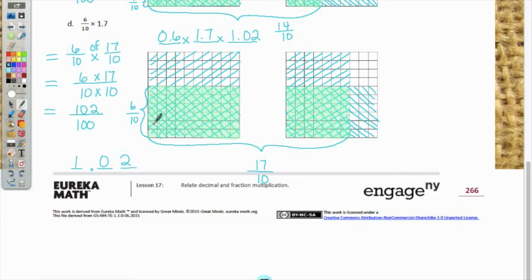Well, this is 6 rows of 10, so what's that? 60. And this is 6 rows of 7. What's that? 42. So is 60 plus 42 102? Yes. Okay. All right. Let's look at the back. Are you ready to move on? Yeah. Okay.